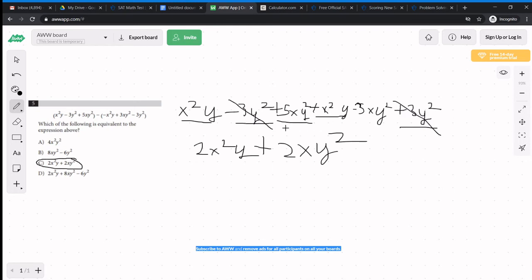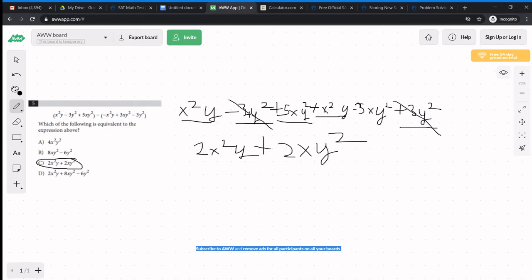So all that you really need to know for adding and subtracting polynomials is that you can add like terms, which means the same exponents on the same variables. The coefficients don't matter too much, they're the numbers you're actually adding and subtracting, but in order for them to be like terms and to be added together, you need the same exponents.